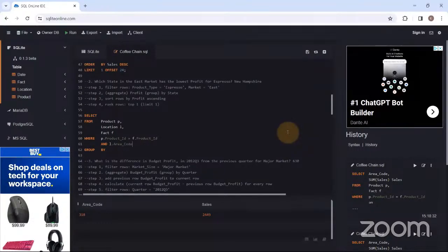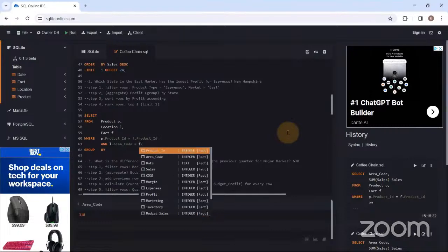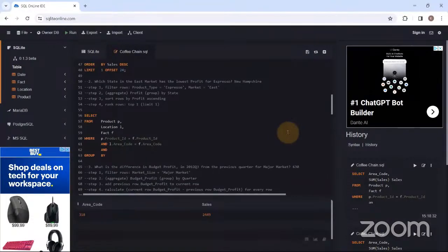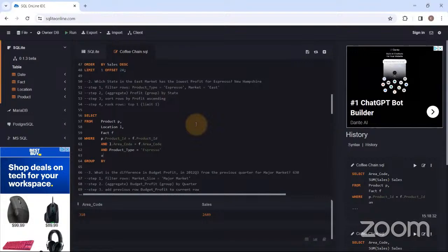Second condition joins location and fact on area code. Third condition filters rows on product type. Fourth condition filters rows on market. I've completed step 1.